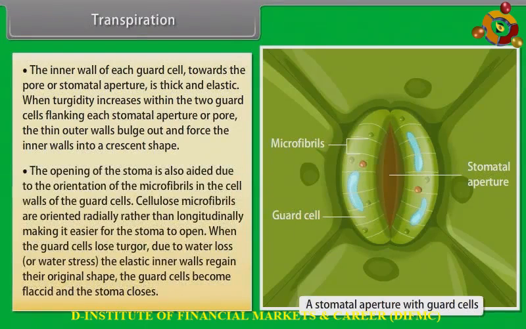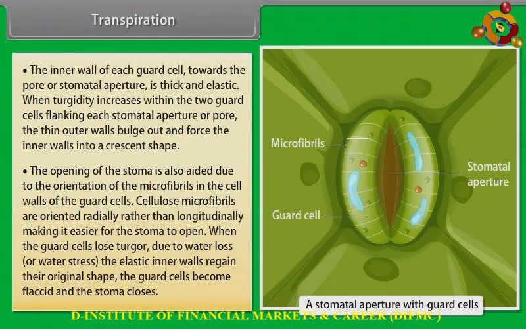The opening of the stomata is also aided due to the orientation of the microfibrils in the cell walls of the guard cells. Cellulose microfibrils are oriented radially rather than longitudinally, making it easier for the stoma to open.